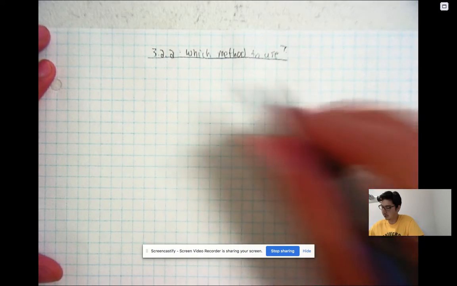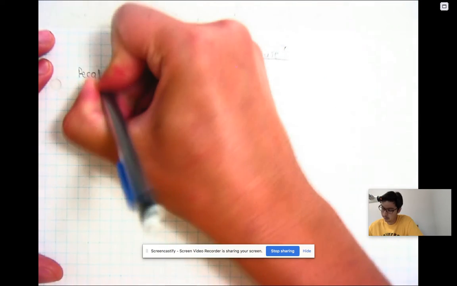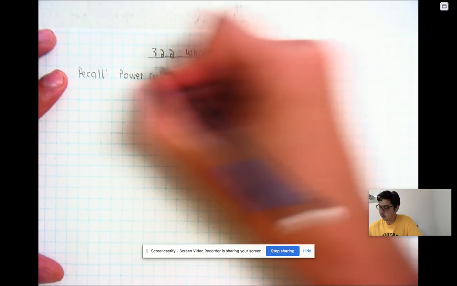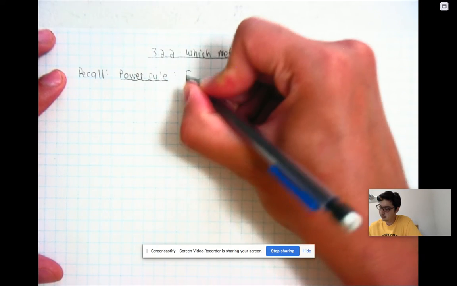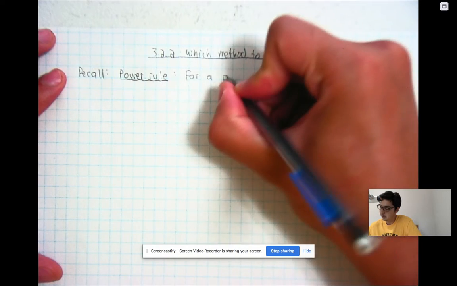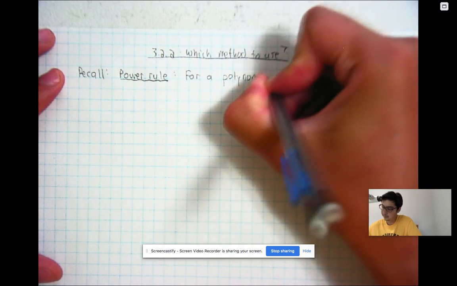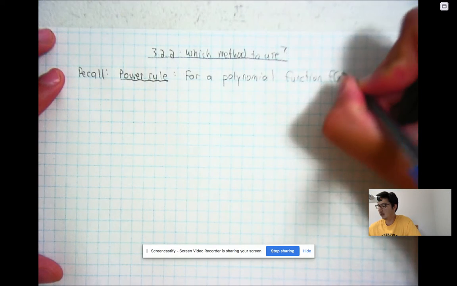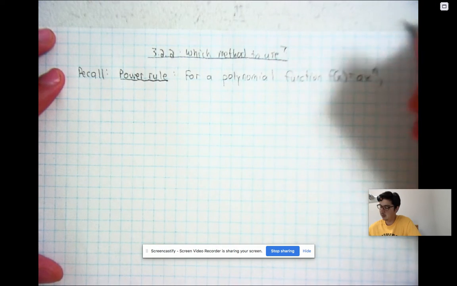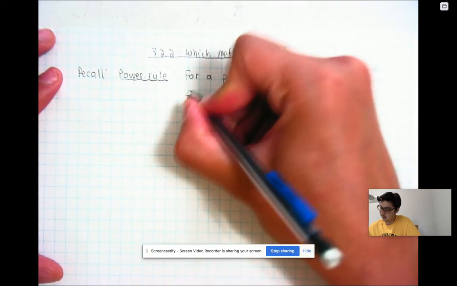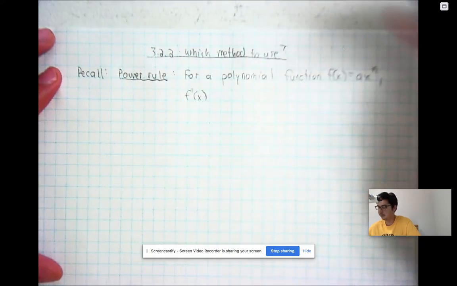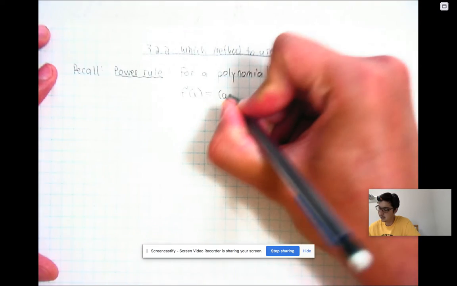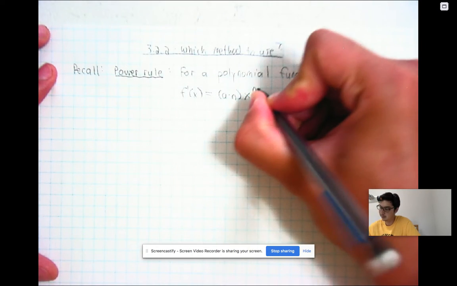But here we go. So recall two things before we get into this: the power rule, in which the power rule states for a polynomial function f of x equals a times x to the n, the derivative, the slope function, which we talked about last video, can be defined as a times n times x to the n minus 1.